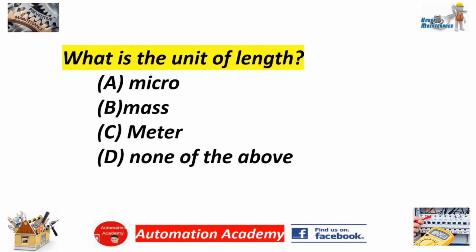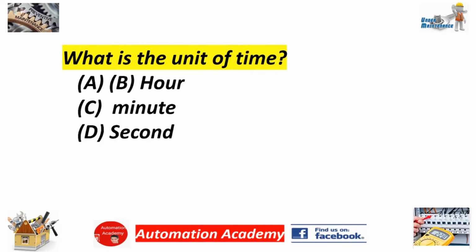What is the unit of length? A. Micro. B. Mass. C. Meter. D. None of the above. Answer: meter. What is the unit of time? A. Hour.